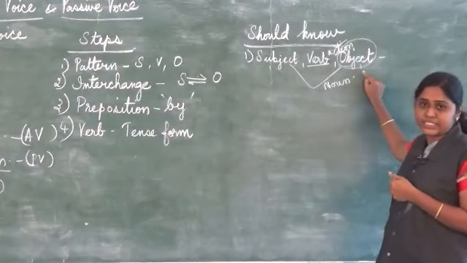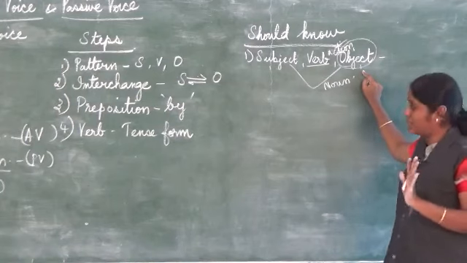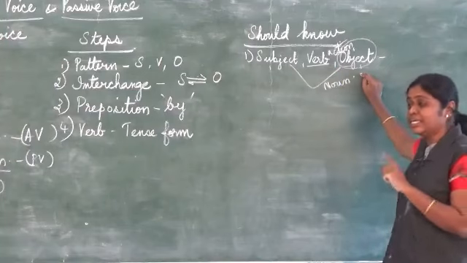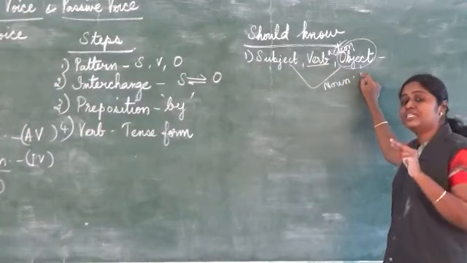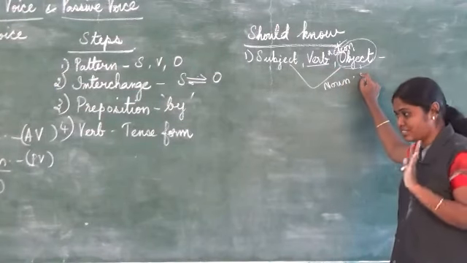If there is no object in the sentence, then that sentence cannot be changed into passive voice. If the sentence has an object, then the verb of that sentence is called a transitive verb. If the sentence does not have an object, then the verb is called an intransitive verb.